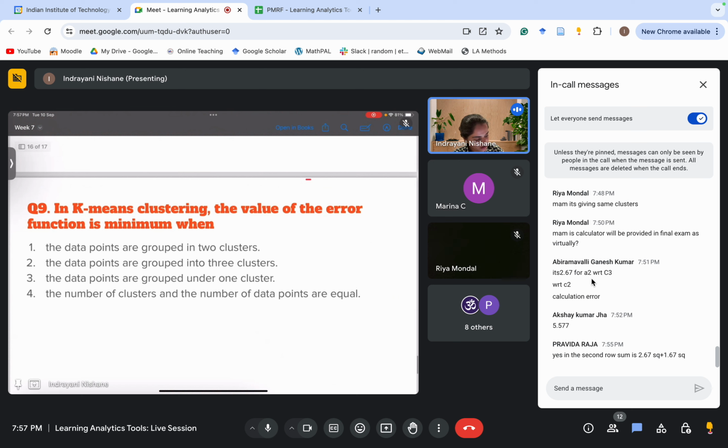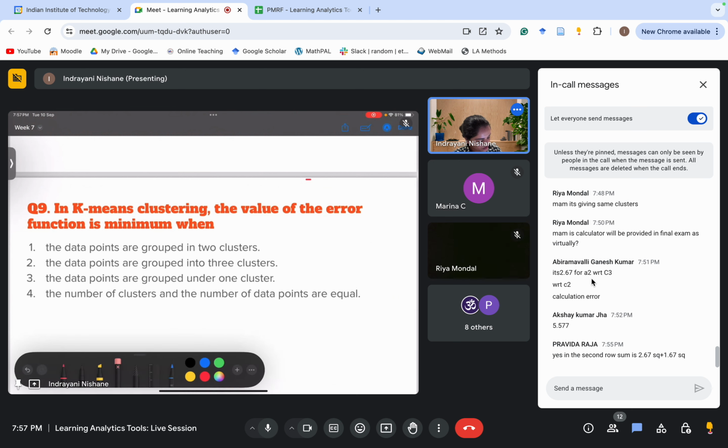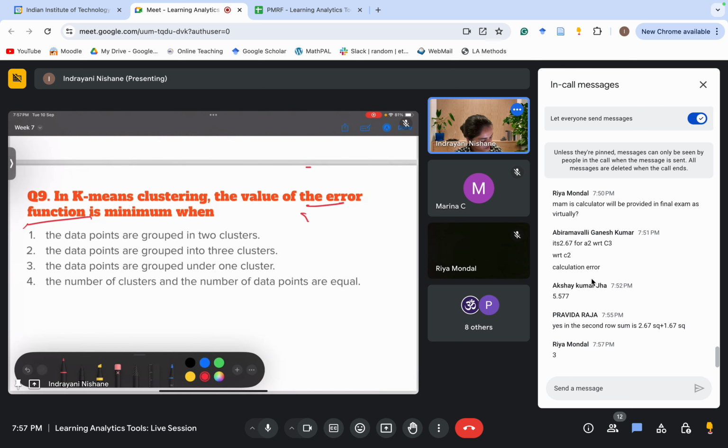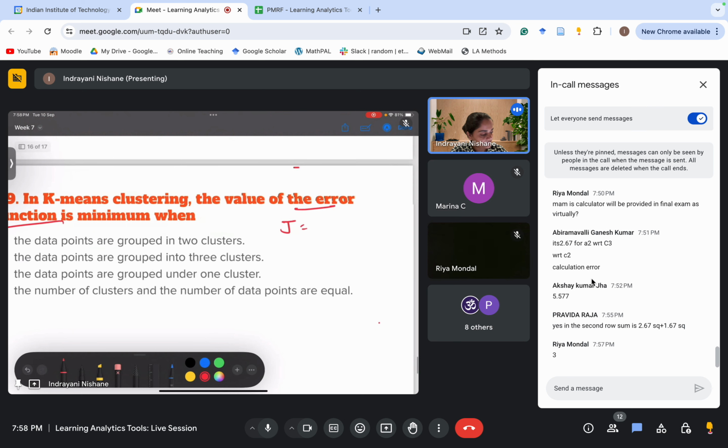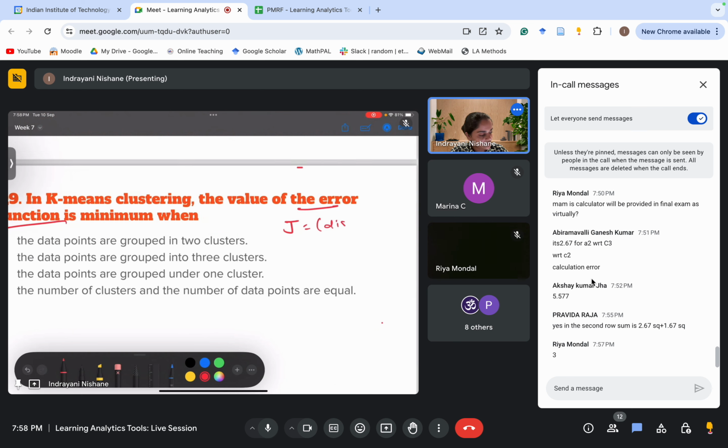This error function is nothing but j, or the sum of the squares of the distances. So the question is being asked about the error function, which is the distance between the data point and the centroid, squared.